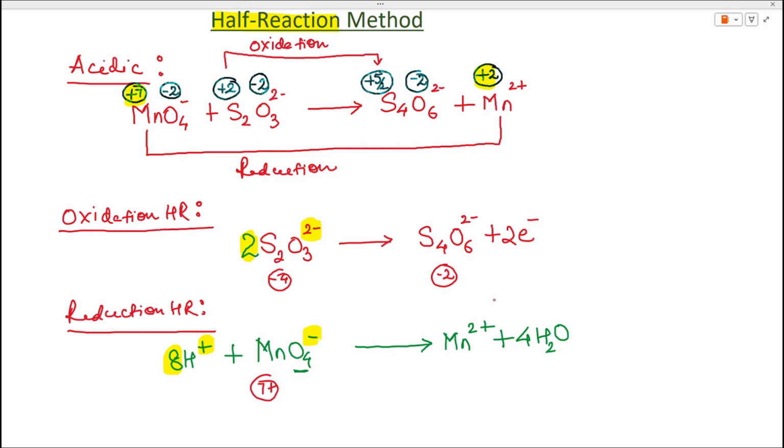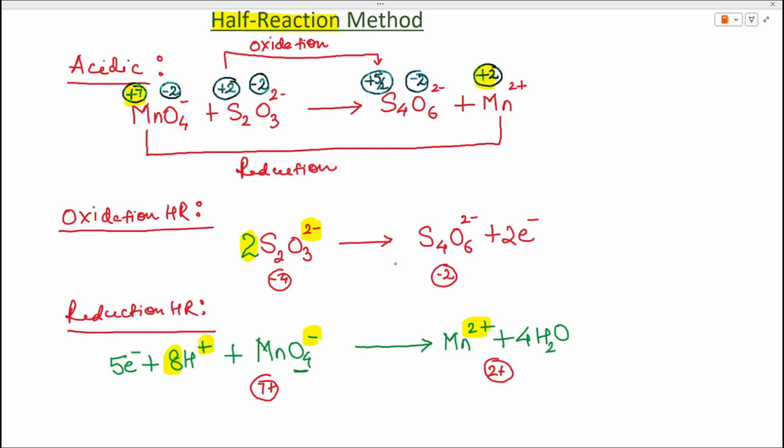Let us check our charge on the right hand side. We have 2 positive and no charge over here, so the total charge just remains 2 positive. And then because we have to add electrons, we will be adding 5 electrons on the left hand side, because 5 negative and 7 positive gives us 2 positive, which equalizes the charge on the left and the right.